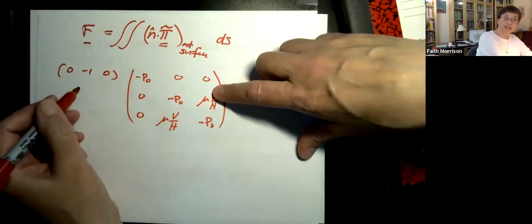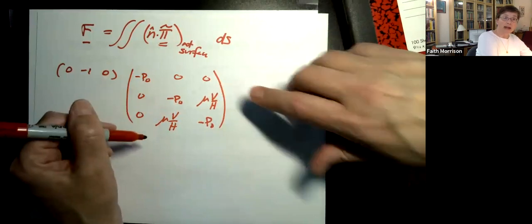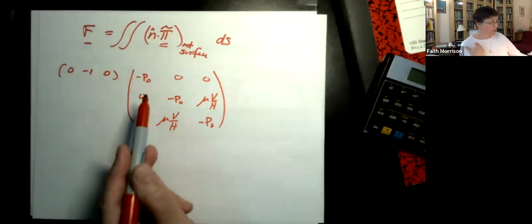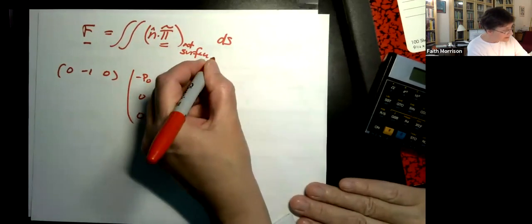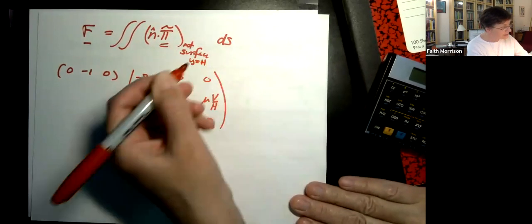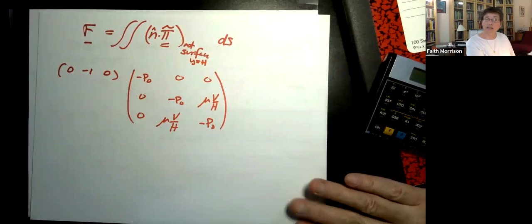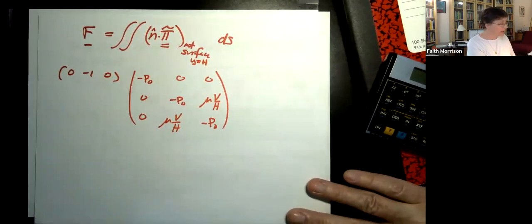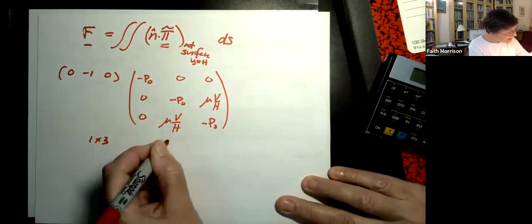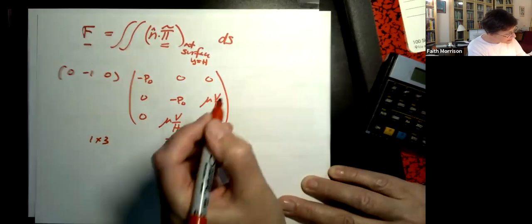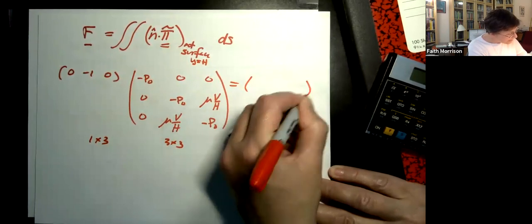So that's now become a matrix calculation. This is n dot pi. And at the surface means if there were any y's in here, I would have to set all the y's to be h. But it turns out everything's a constant, so nothing actually changes. All right, so this is a 1 by 3 and a 3 by 3, and the result will be a 1 by 3.